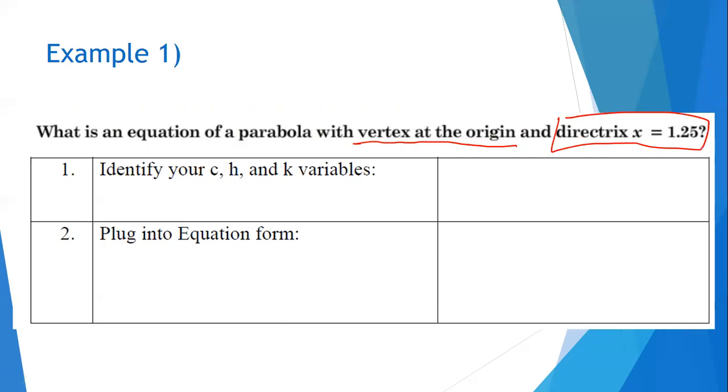All right, so we're going to identify our c, and to find your c, we're going to use the directrix. And remember, your directrix for horizontal is x equals negative c.